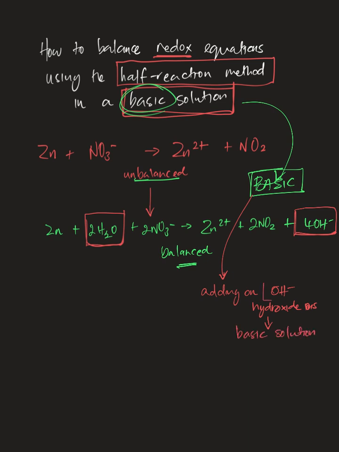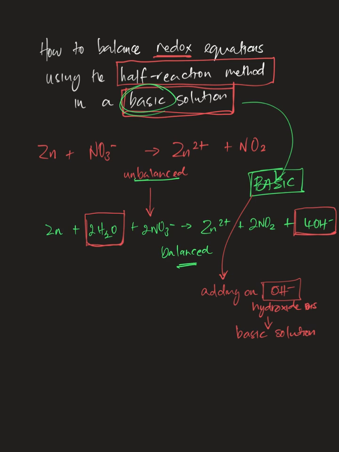So we must recognize that this is what we're doing. In the other one, we added H plus ions, again more acidic. Now the process for balancing in basic solutions is similar to the process for acidic solutions, except it has a few more extra steps at the end. So we're going to get up to step 9, and then from step 9 we're going to go a little bit further, and we're going to get that balanced equation.